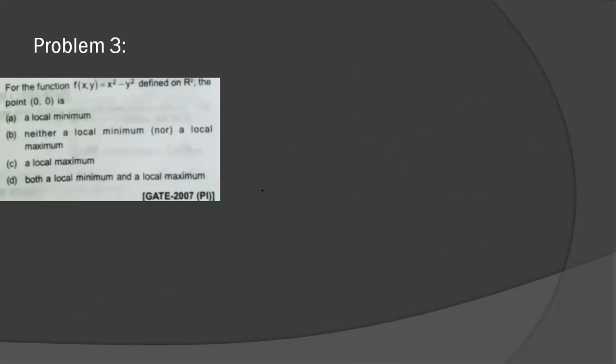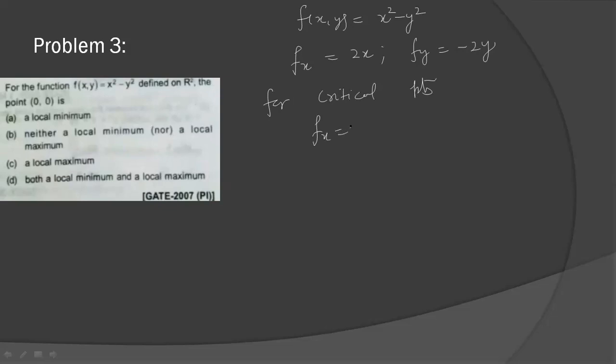Problem 3. f(x,y) is equal to x square minus y square. Then fx with respect to x is 2x and fy with respect to y is minus 2y. For critical points, actually the point is given to you, but we are again going to find it: fx and fy equal to 0.